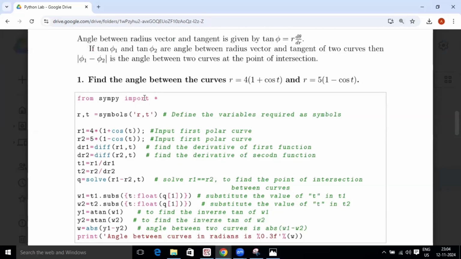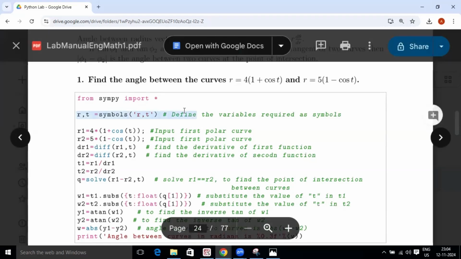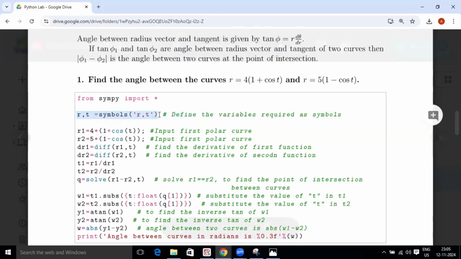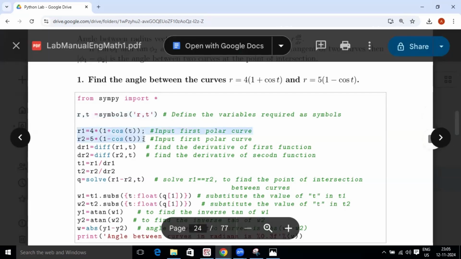This line imports the sympy library, which is a Python library for symbolic mathematics. And this line defines two symbolic variables, r and t, which will be used to represent the polar coordinates.